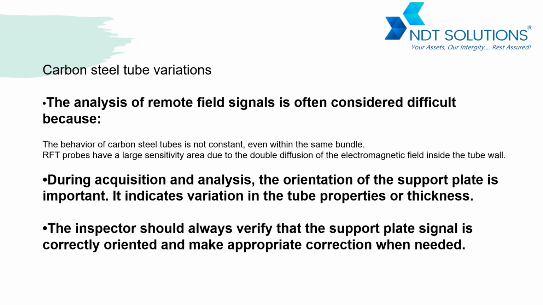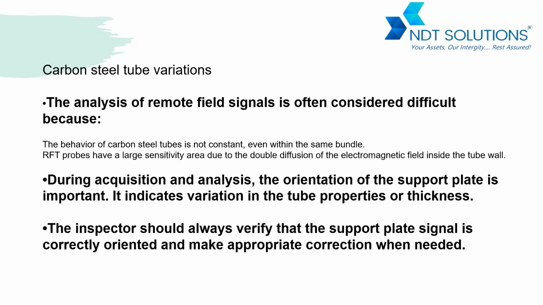But whenever we are going to inspect carbon steel tubes, there are a lot of problems which we may face. Each row of the tubes may not behave the same. The first row's baffle support signals behave in a different way, in between the bundle they behave in a different way, and at the end, if we compare the inlet tubes and outlet tubes, they behave differently.